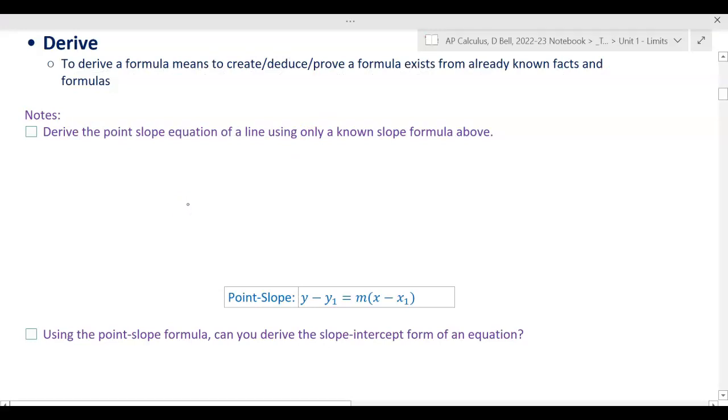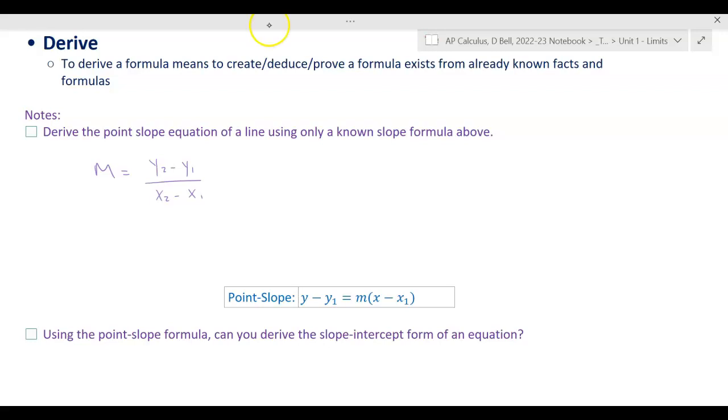So let's start with the most known slope formula, the point formula, y2 minus y1 over x2 minus x1.